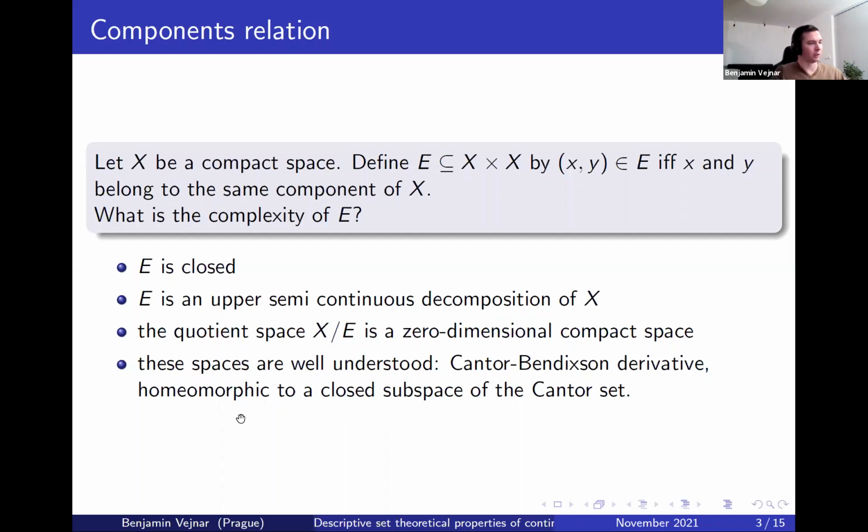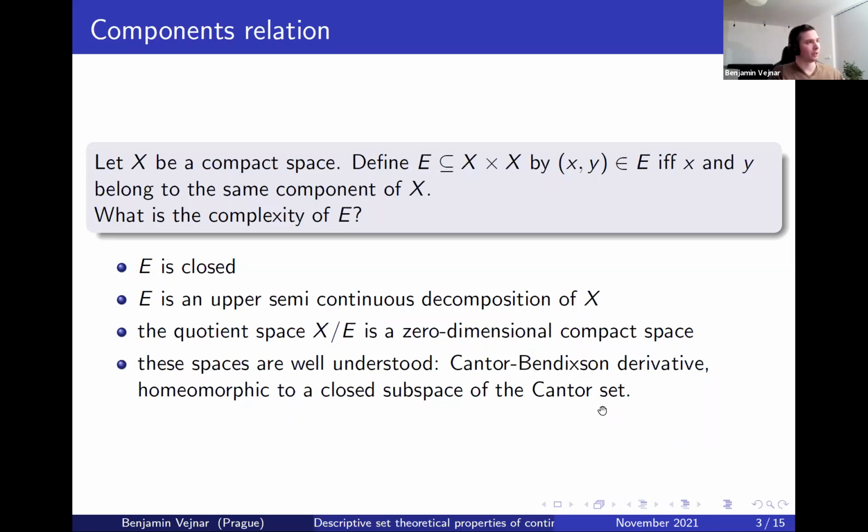And moreover, it is known that these spaces are homeomorphic to a closed subspace of the Cantor set. Okay, maybe I should just recall that zero-dimensional just means that it is a space which has a base formed by clopen sets. Okay, so this relation is really simple.